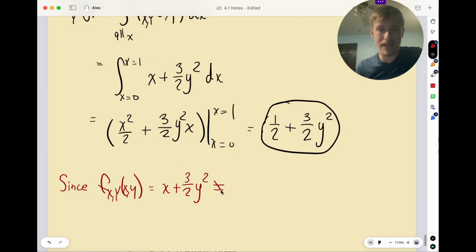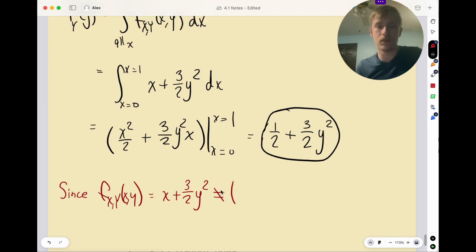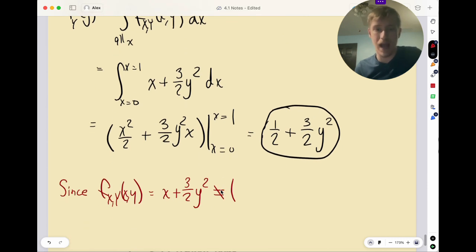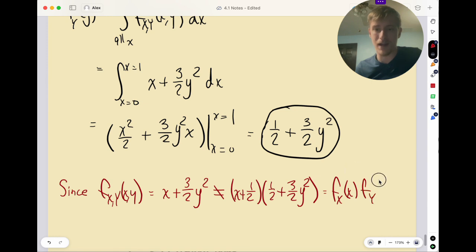Well, that does not equal the product of x plus 1/2 times 1/2 plus 3/2 y squared, which is the product of the separate PDFs for x and y. You can go ahead and show that really quickly. So x and y are not independent.